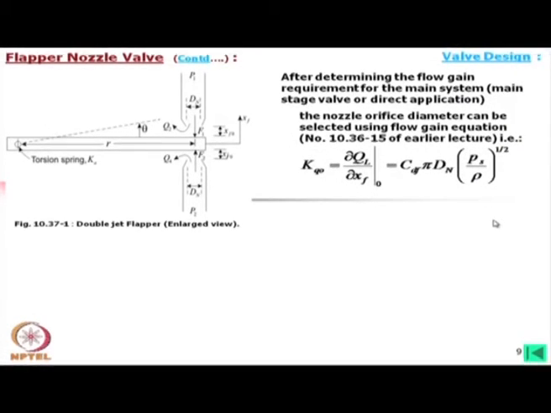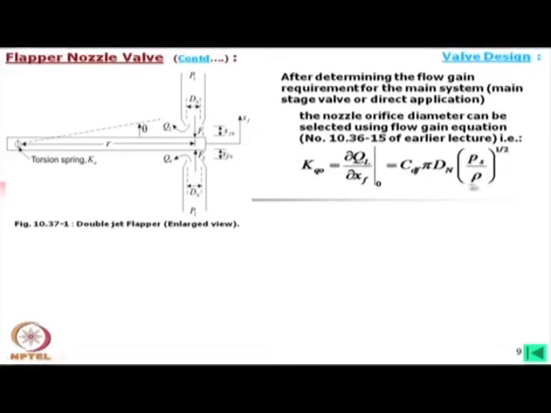What we do, the nozzle orifice diameter can be selected using the flow gain equations. We use these flow gain equations directly, and from there we find out what will be the diameter of the nozzle. Say how much flow gain we need, from there we can have this value as well as this value, and C D F we have to take from experience, because we have not yet designed this nozzle.